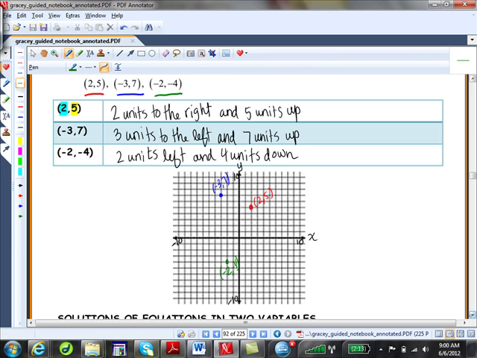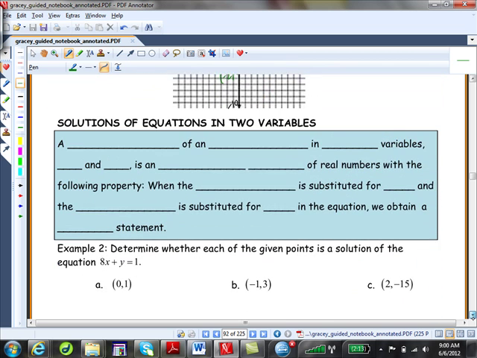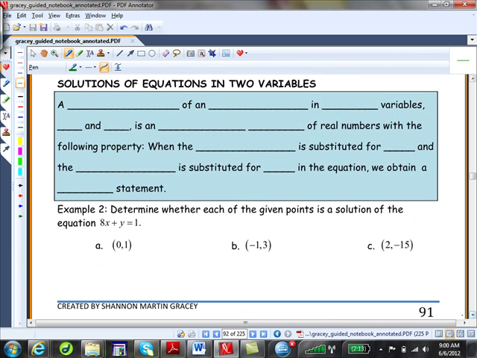All right. Next bit of information. A solution of an equation in 2 variables, x and y, is an ordered pair of real numbers with the following property.